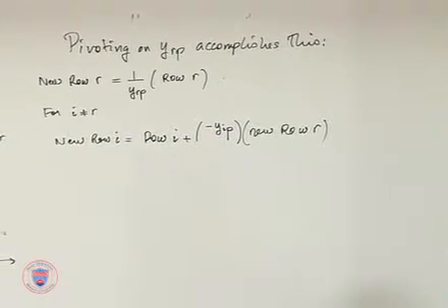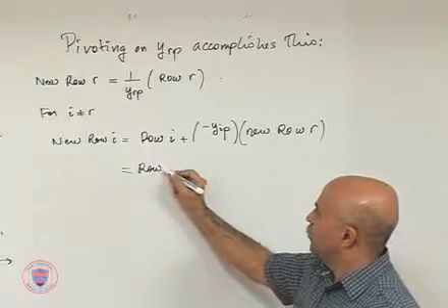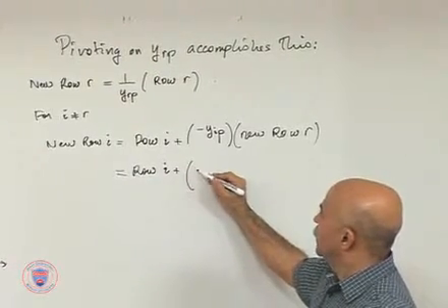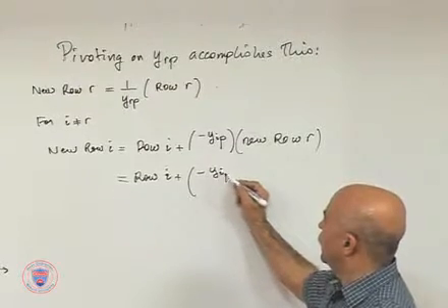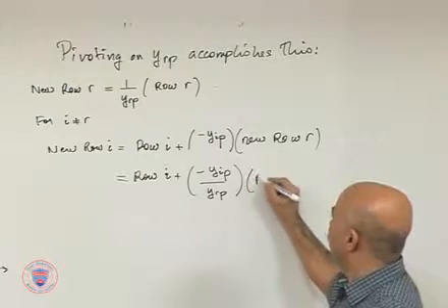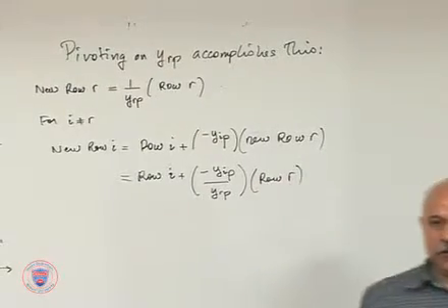Okay? Which, of course, you can also write down in the following way: row I minus YIP divided by YRP times old row R. Whatever. They're all the same thing.